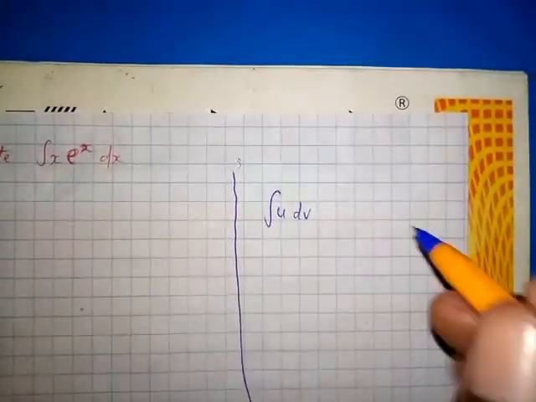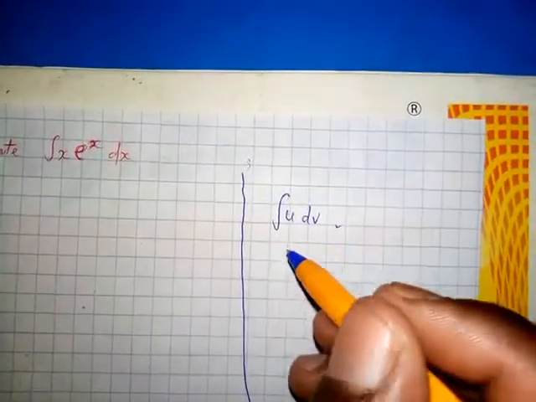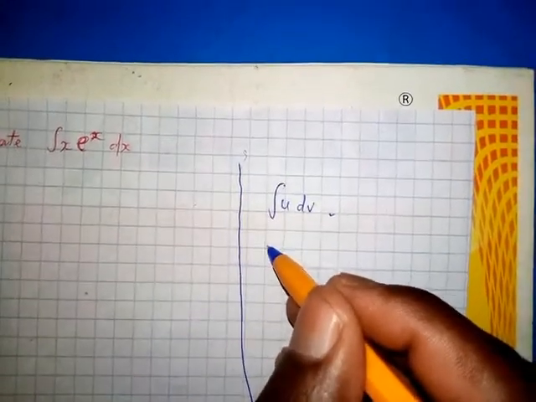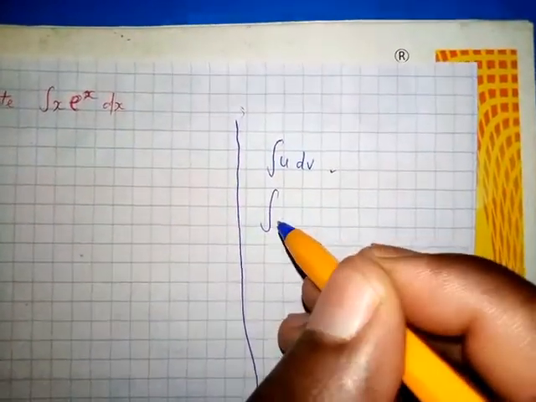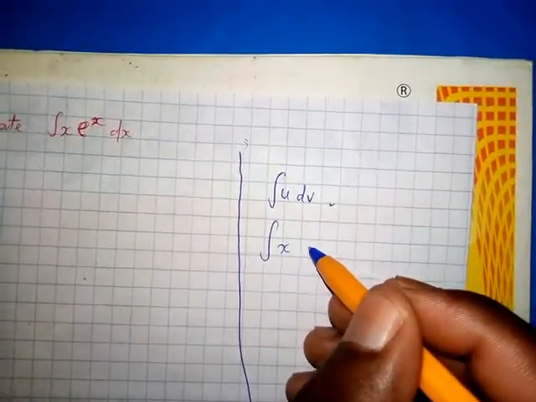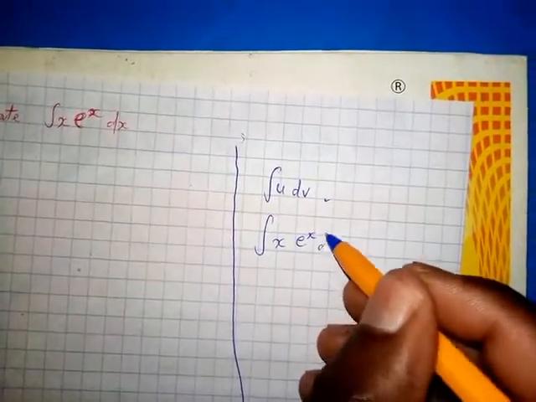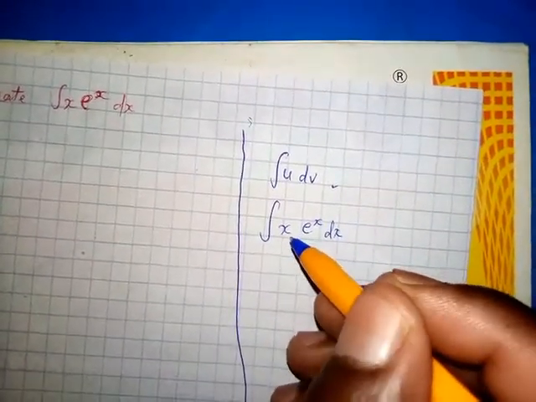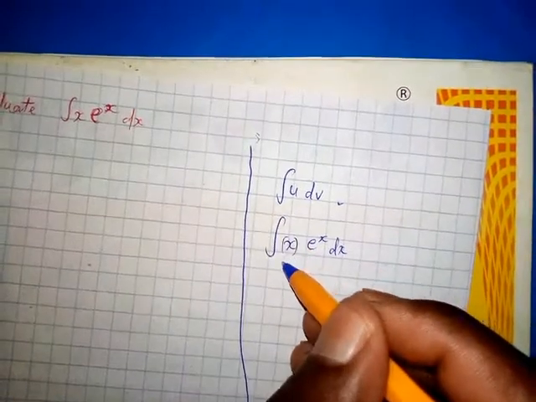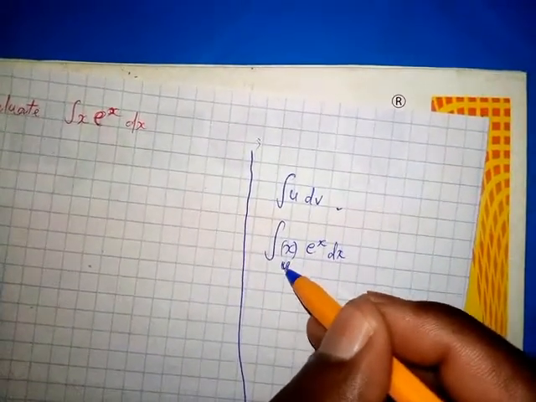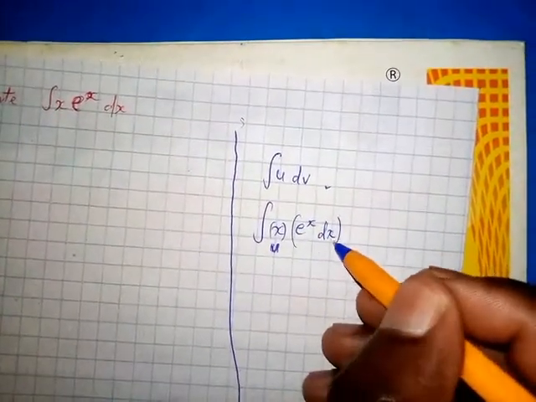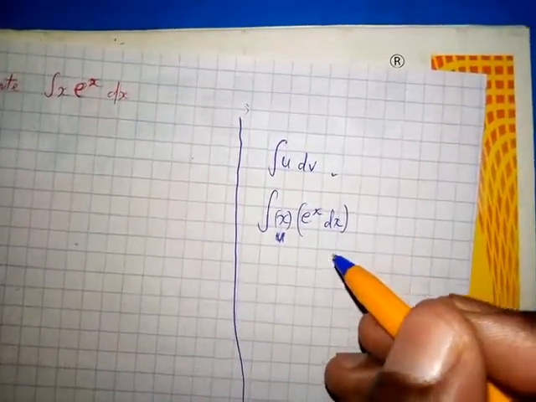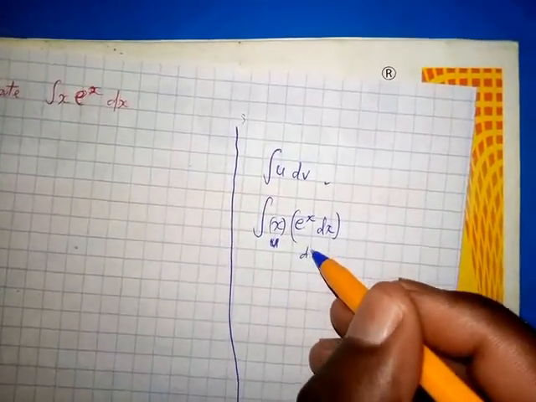There are several ways to do this. We can write it as integration of x e^x dx, where we say that this x will be our u, then this e^x dx to be our dv.